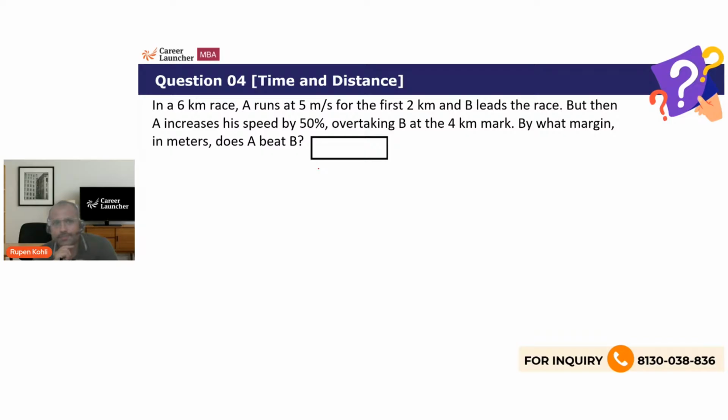What does it tell us? A has changed his speed over the course of 2 kilometers and then 2 kilometers. Whatever is his overall net average speed because of this is the constant linear speed at which B has been running the race.